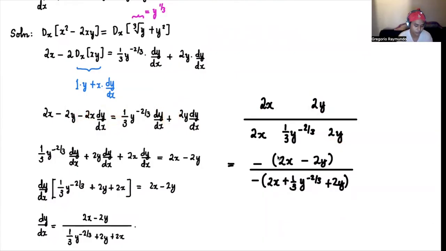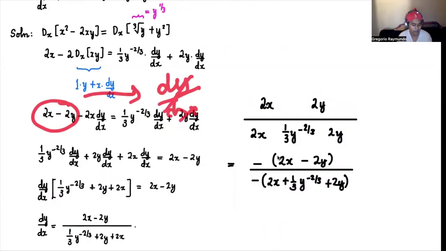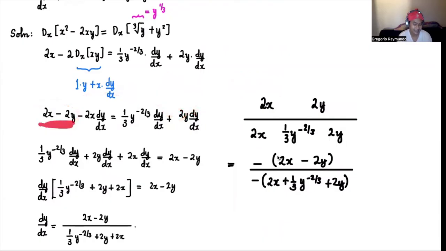Then, step 2, yung sinabi nga natin kanina, yung mga walang dy over dx, pag nasa right-hand side, or basta nasa tamang place sila, you retain their sign. Pero pag nasa maling side sila, ine-negate mo yung sign.